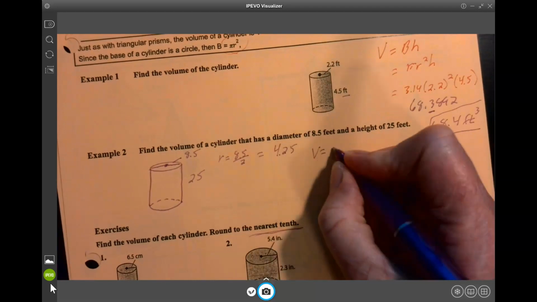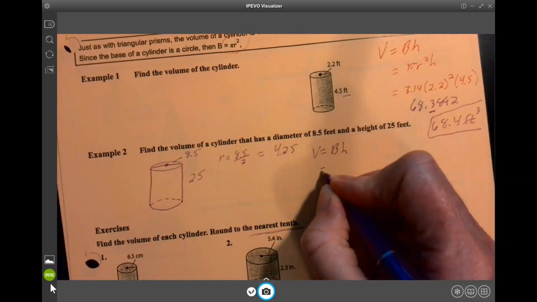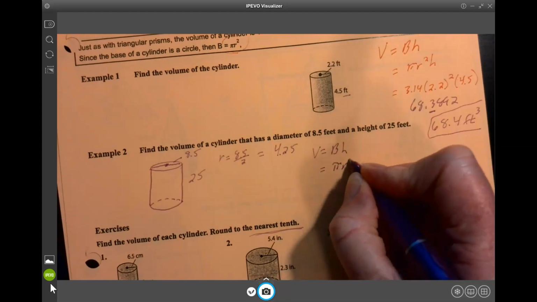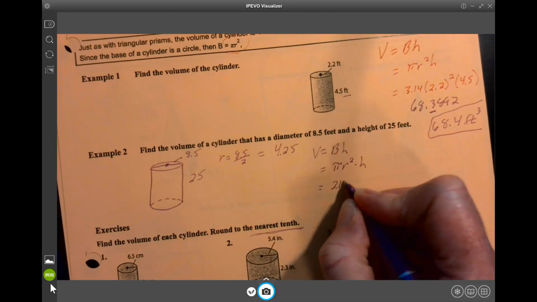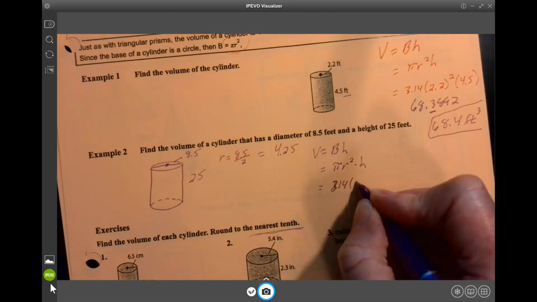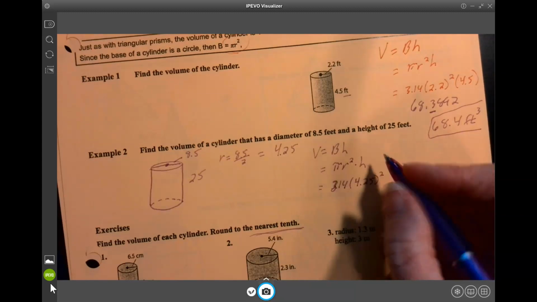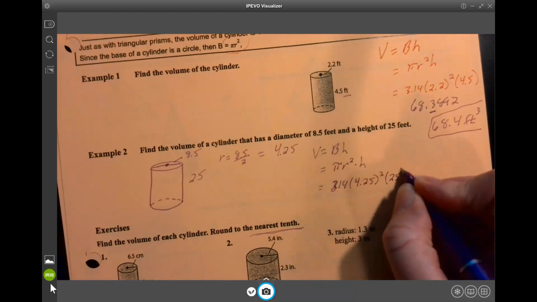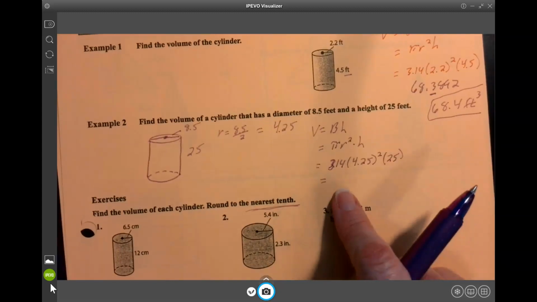So here we go. Volume of a prism or of a two-base shape is area of the base times the height. The base here is a circle, so pi r squared times h. So we have 3.14 times our radius of 4.25. We're going to square that. We're going to take it times our height of 25. Okay? So we multiply.